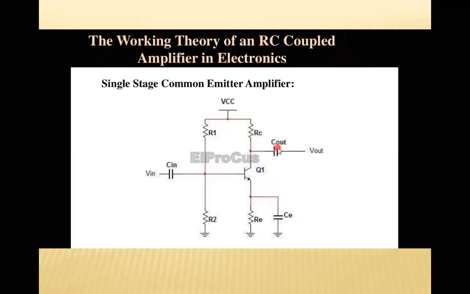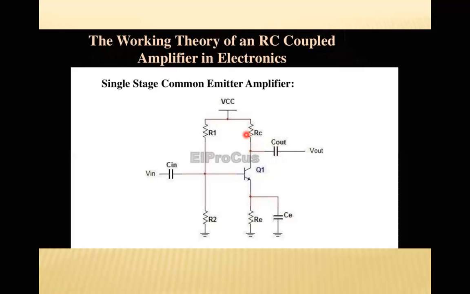The coupling capacitor, which is almost equal to 10 microfarad, couples one stage of amplification to the next stage. If it is not used, the bias condition of the next stage will be drastically changed due to the shunting effect of RC. Here you can find the RC.